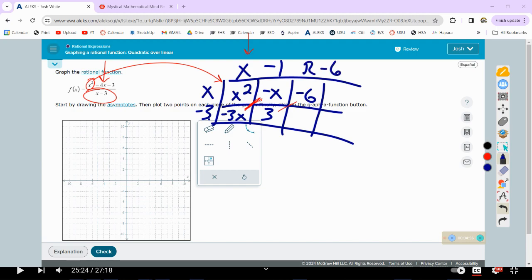Well, when you're doing slant asymptotes, the remainders don't matter, for the same reason that on the edges we only worry about the degree of the numerator and the degree of the denominator. So we can actually forget this, which means we can stop right there. So this has a slanted asymptote at y equals x minus 1.